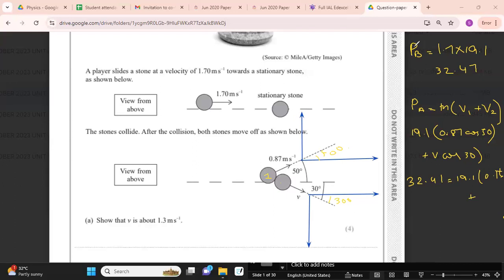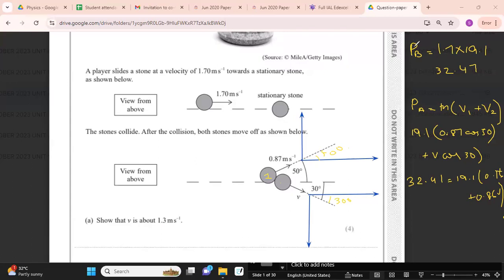So cos 30 gives us 0.86. So we get 0.86 v. And then if we solve for v, our answer comes out as 32.41 divided by 19.1. And then we get 1.69 as our answer.